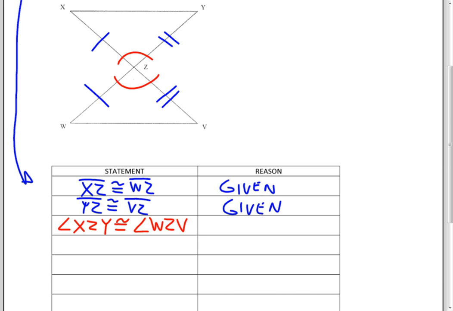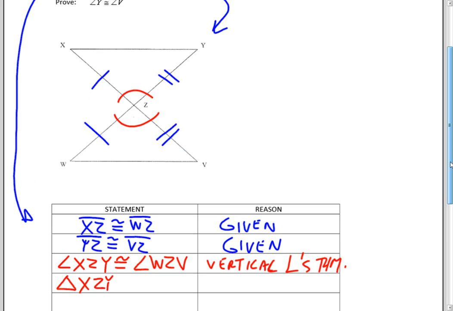What would be your justification? Vertical angles theorem. He's jumping right to, is that what we're trying to prove?